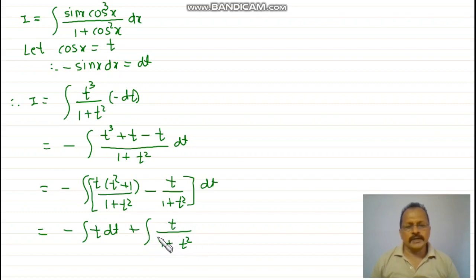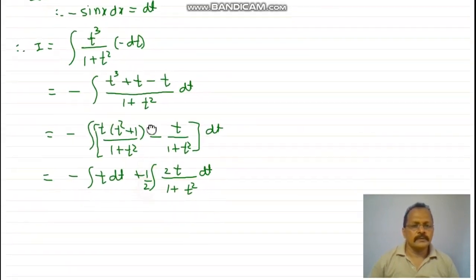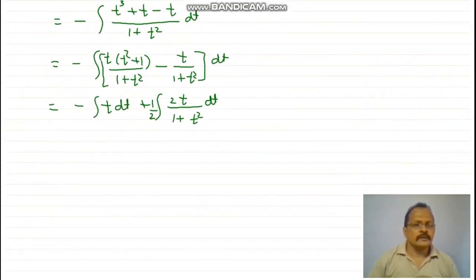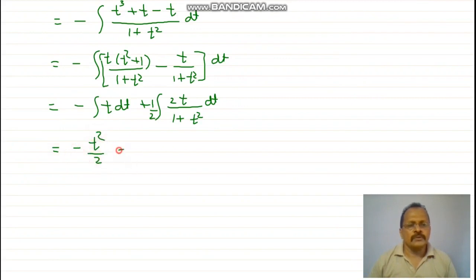So to get the derivative of denominator in numerator, I am multiplying outside by half and inside by 2. This is equal to minus t square by 2 plus half log mod 1 plus t square plus c.